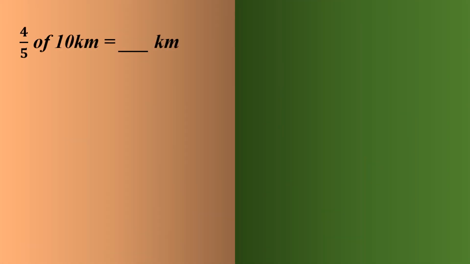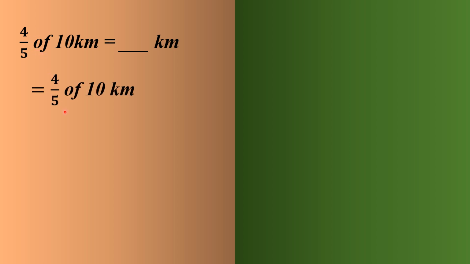One more question. 4 by 5 of 10 kilometers equals to fill in the blank kilometer. Here we need to find out answer in kilometer, and our question is also in the form of kilometer. So no need to use the conversion. Here we will just replace the "of" by sign of multiplication.